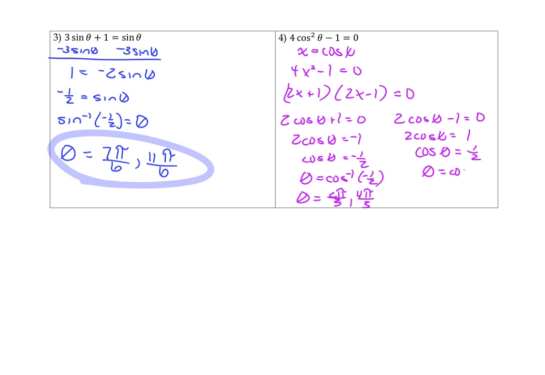Inverse both sides. And now, when is cosine positive? That would be quadrant 1 and quadrant 4. And that would be at pi over 3 and at 5 pi over 3. So those are my 4 solutions.